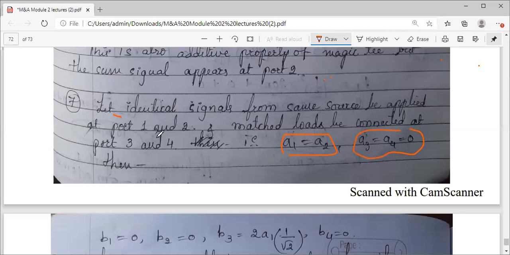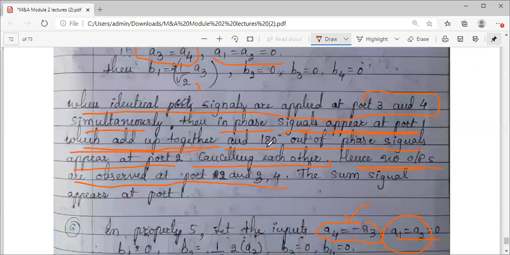So ideally what should be expected? We have already seen property 5 and 6. So when applying A1 and A2, okay, I will apply here. From port 1 and port 2, both are identical, they're coming. They both enter port 3 and 4, no doubt. Okay, let me see what will be the equations.